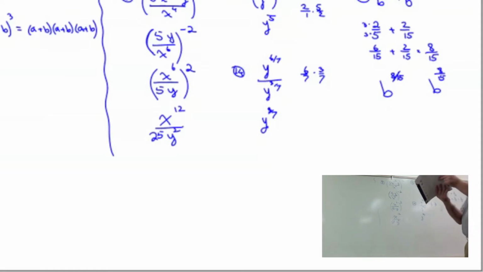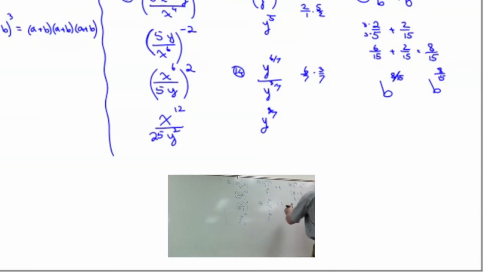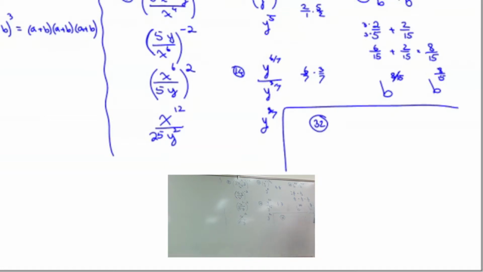So how about, let's see, this one. 32 -4, y to the -3/4. I just want to simplify the expression. What can I do?